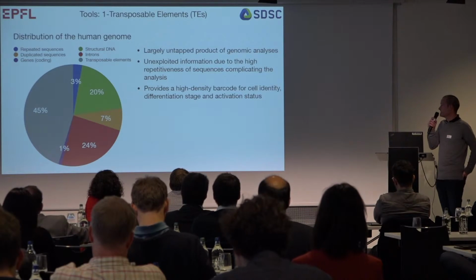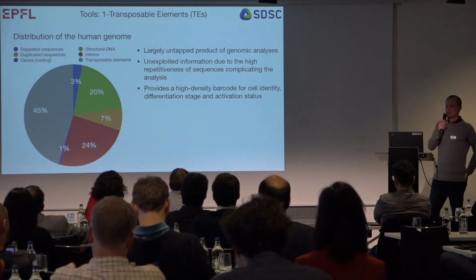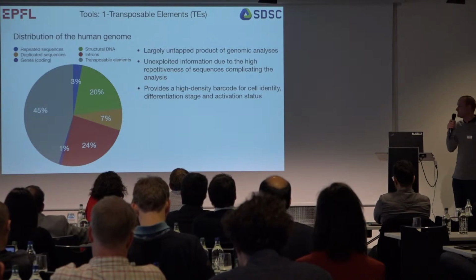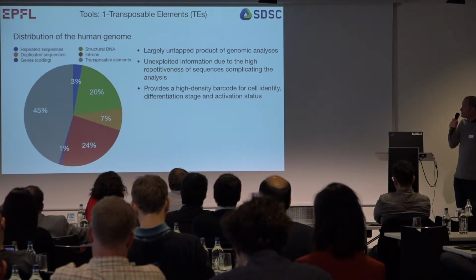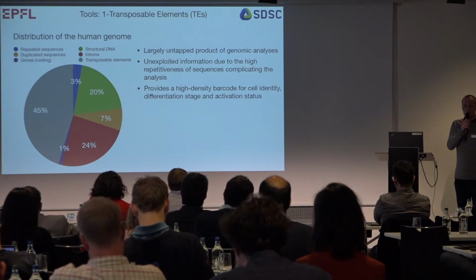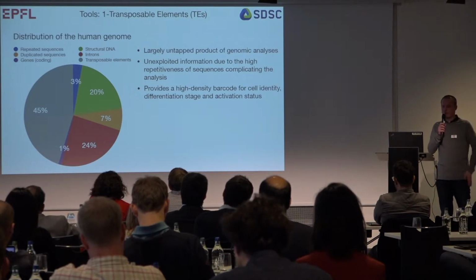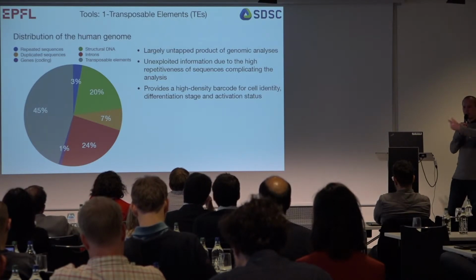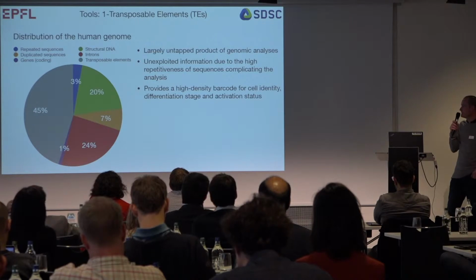But in any case, this is a largely unused source of our genome in terms of analysis. The reason it's not used is that it's more difficult to work with than genes or other regions, due to their sequences being very repetitive. Different transposable elements in our genome have the exact same sequence.